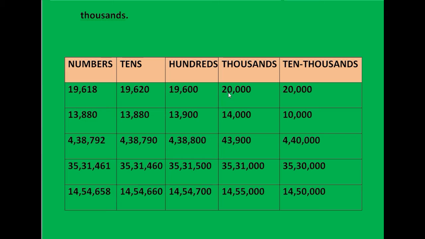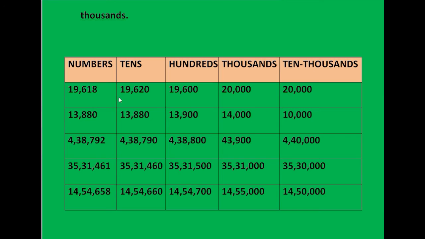So it becomes 10, and 1 is added to the next digit, therefore it becomes 2 and this becomes 0. To the right of the thousands digit there are 3 digits, so they become 0, 0, 0.